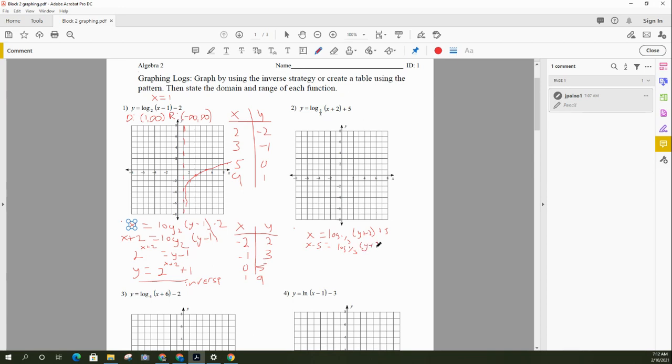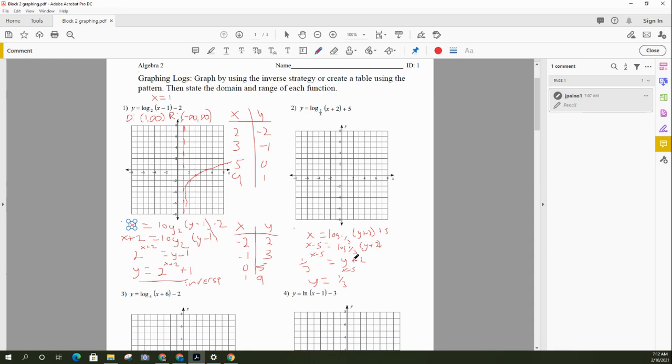Rewrite it now in exponential form. So 1/3 raised to the x minus 5 power equals y plus 2. And so the inverse will be 1/3 raised to the x minus 5 power plus 2.